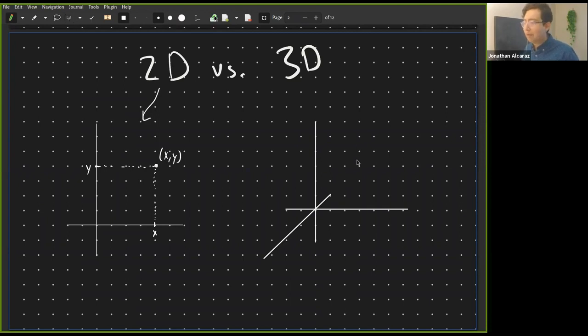For example, if I have a point, let's say it's up here, which maybe it's not clear exactly where this is, but let's say it has a certain height and then a certain distance here and a certain distance here.